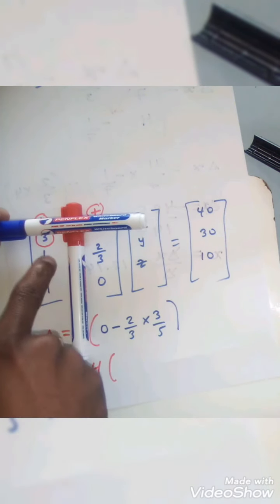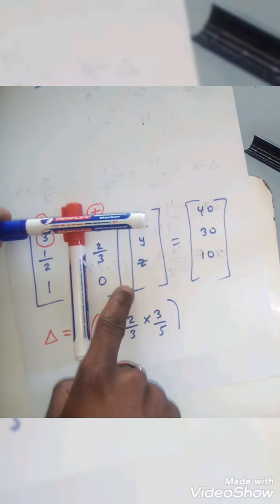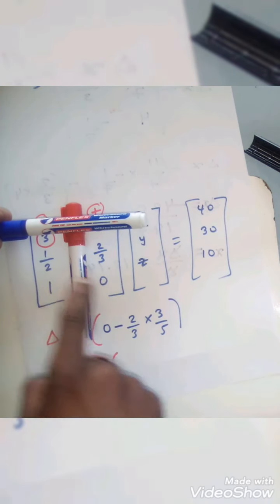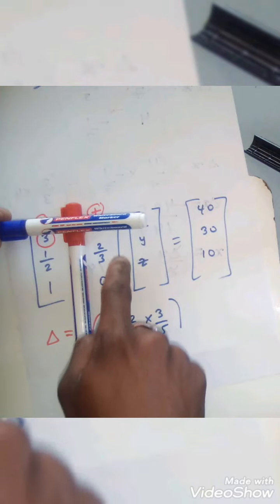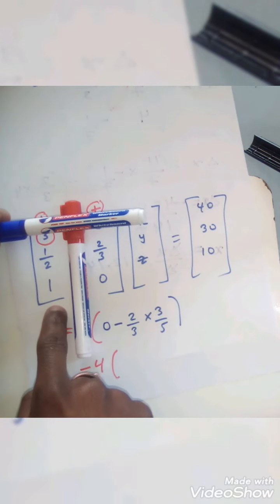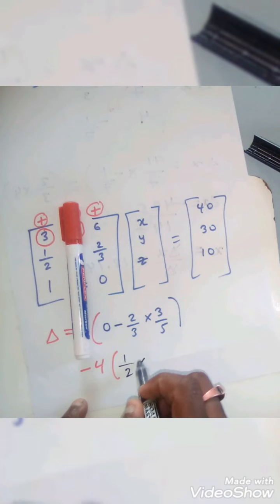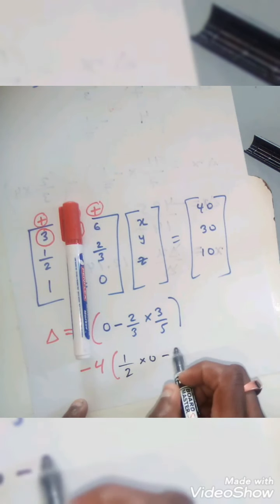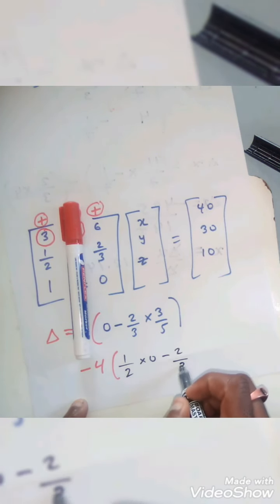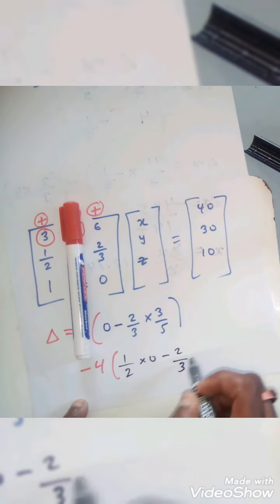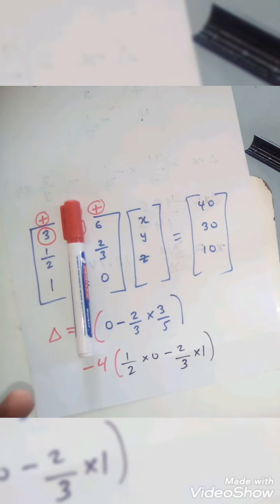You can see I've got 1 over 2 times 0 minus, so this is the leading diagonal, so 1 over 2 times 0 minus 2 over 3 times 1. So I have 1 over 2 times 0 minus 2 over 3 times 1. So this is my second solution.